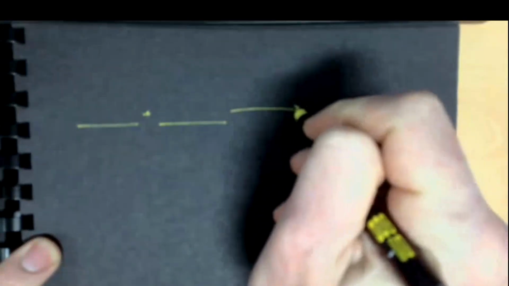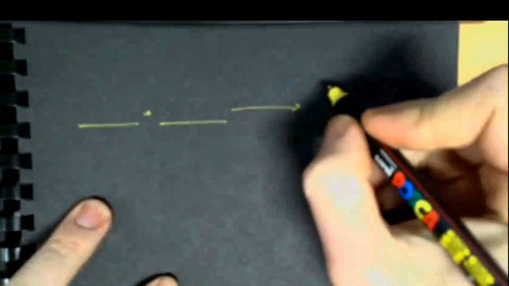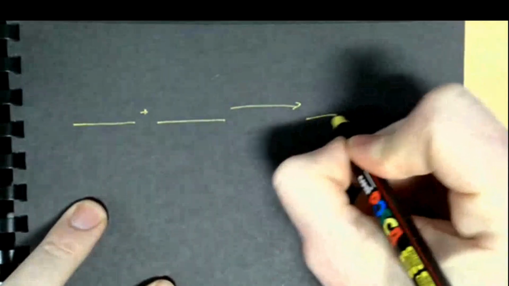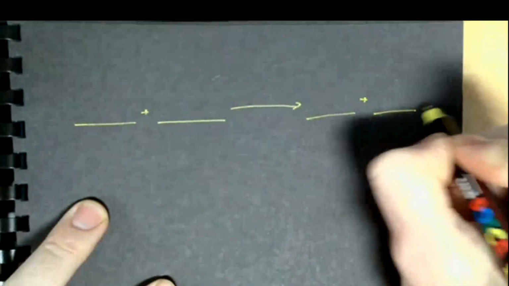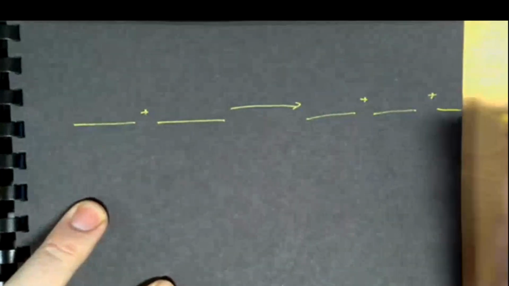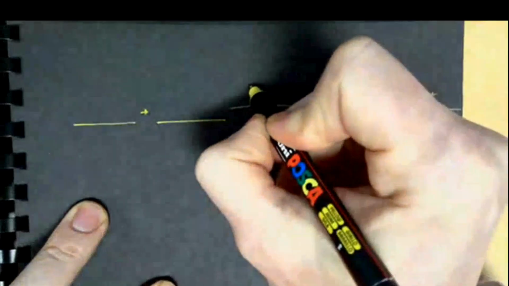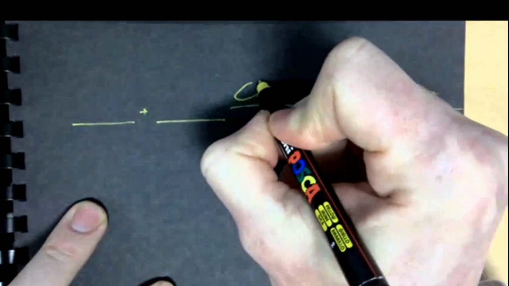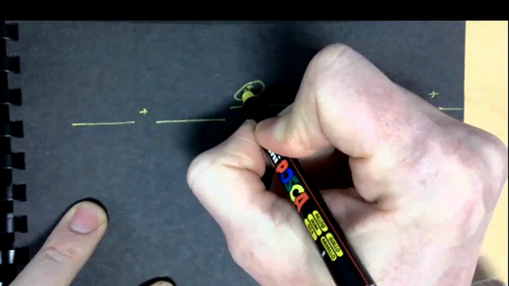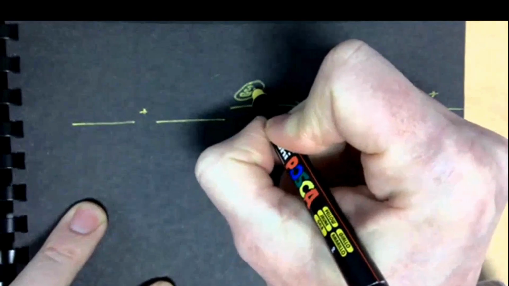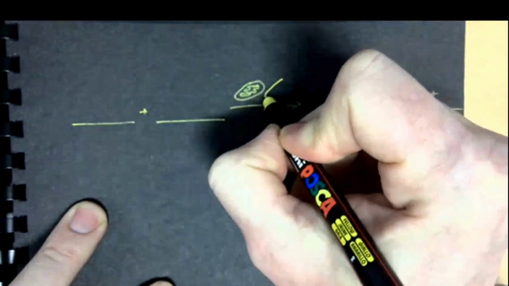I've got that plus this, and then we get this plus this plus this. Draw a little organelle here. I want you to tell me what this organelle is, if you can.